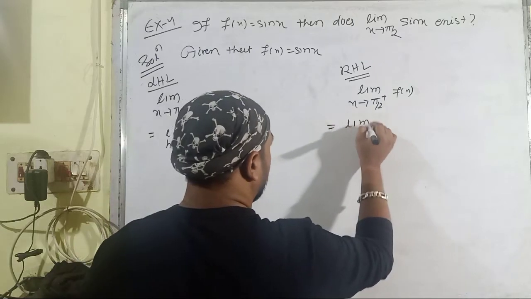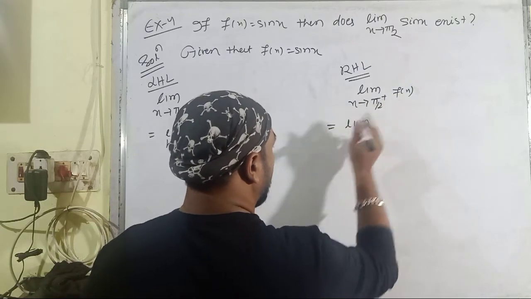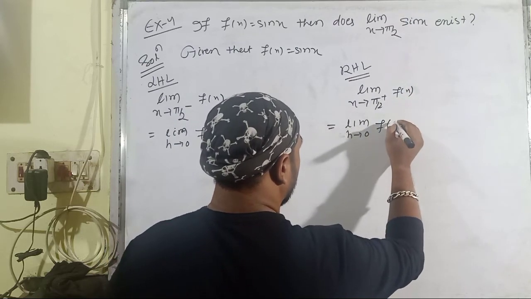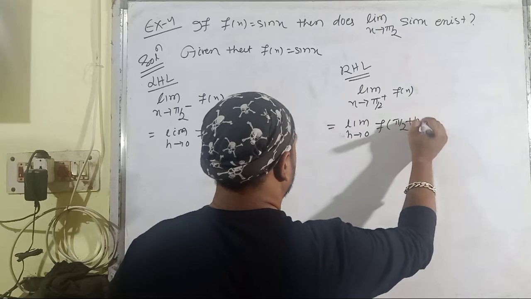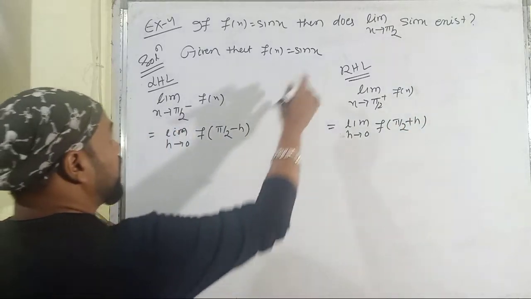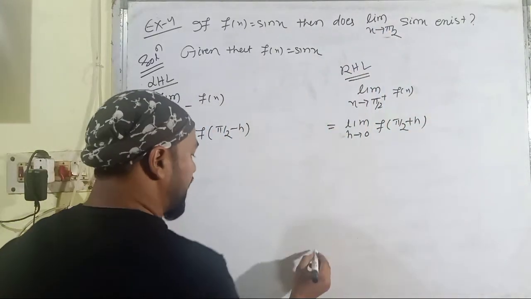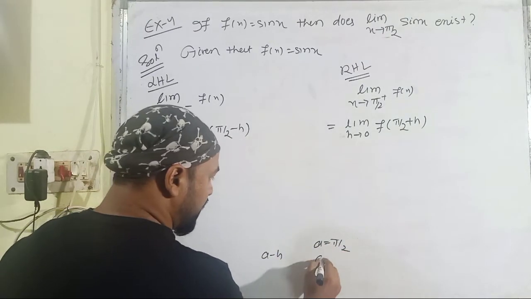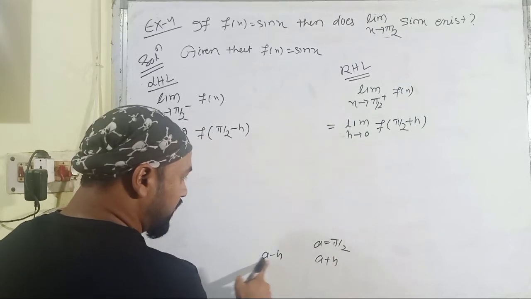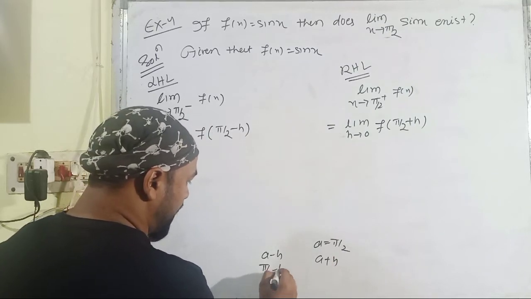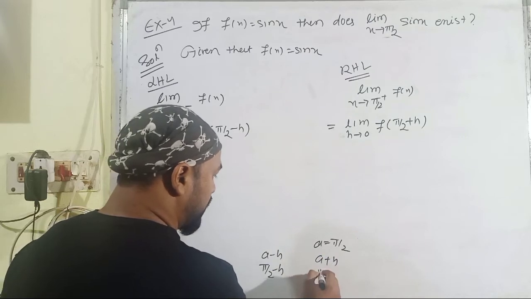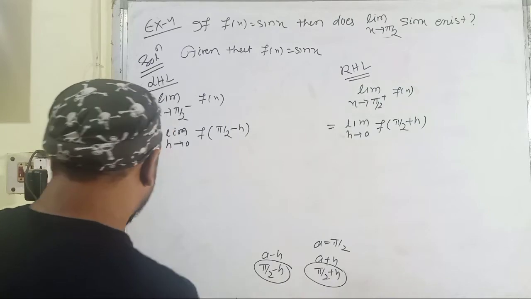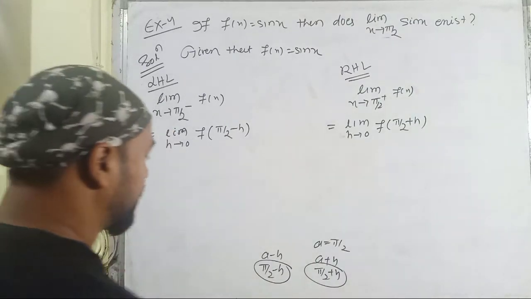And we have to replace limit x tends to pi by 2 plus by h tends to 0 and f of x by f of pi by 2 plus h, because here the point is pi by 2. That means a is equal to pi by 2. So the first one is a minus h, the second one is a plus h. In case of a minus h, you have to put pi by 2 minus h. In case of a plus h, you have to put pi by 2 plus h. So these are the two new values for x.